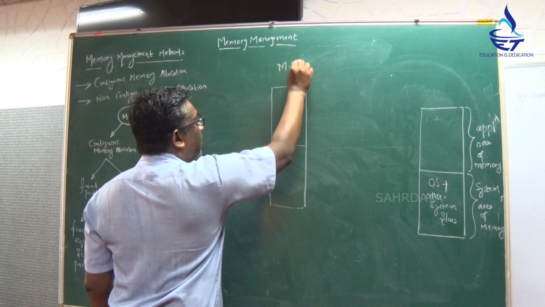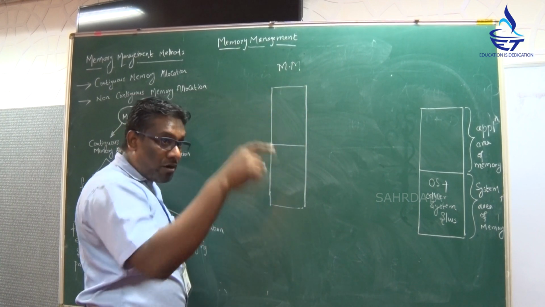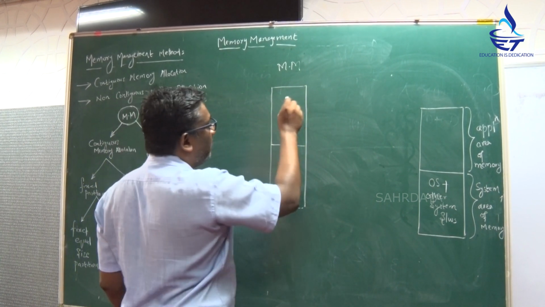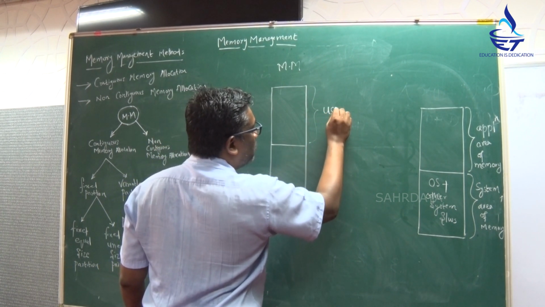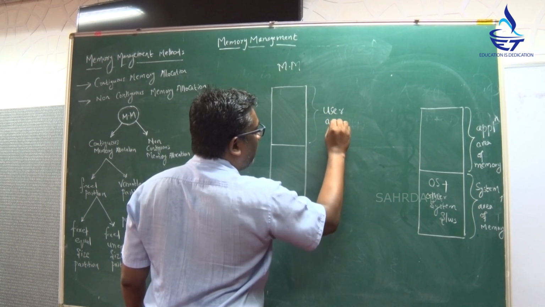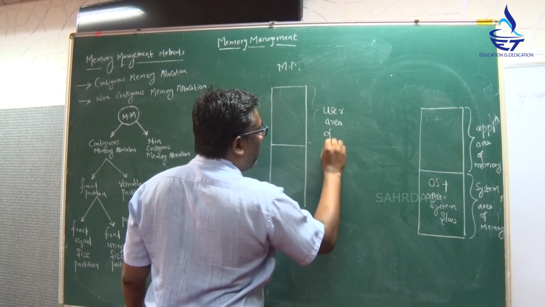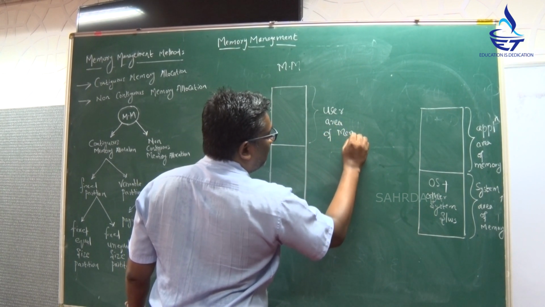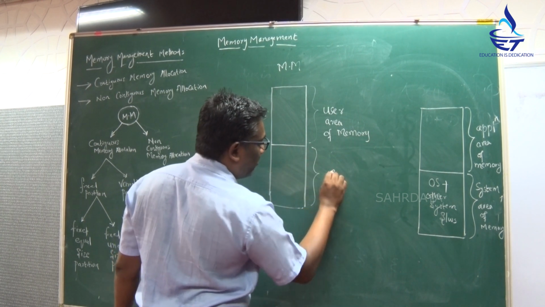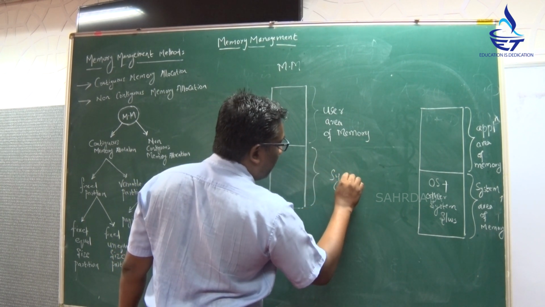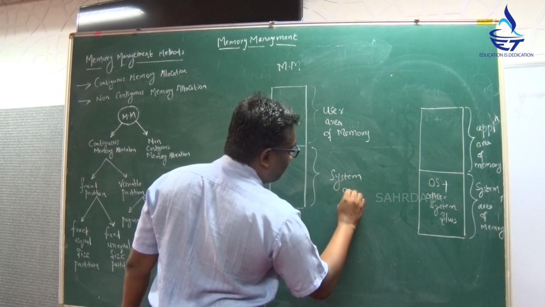This is main memory or physical memory or RAM, all are the same. This is the user area of memory, and this is the system area of memory.